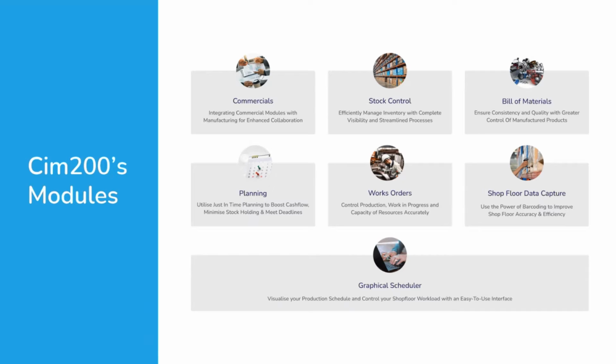The planning module, which is the MRP, tells you what to buy, when to buy, how to buy. That is completely our module. So is the works order processing, where you can control your production, and shop floor data capture to get accurate information.